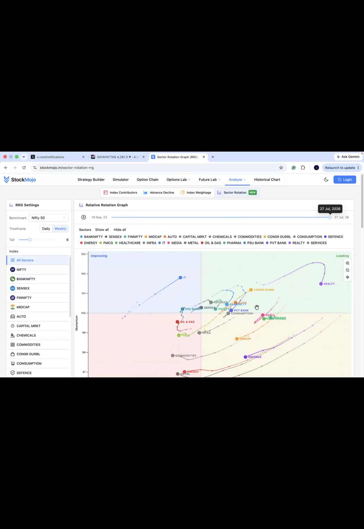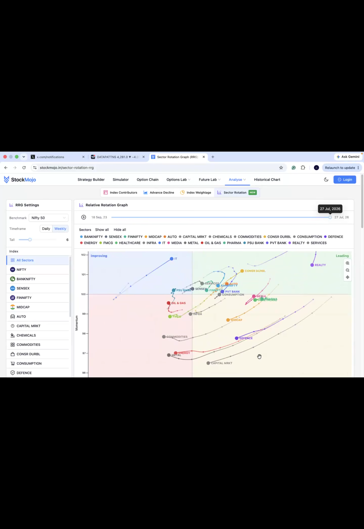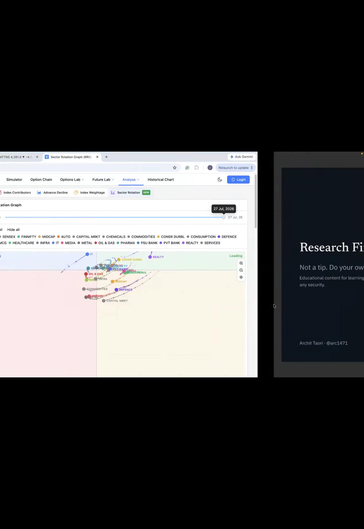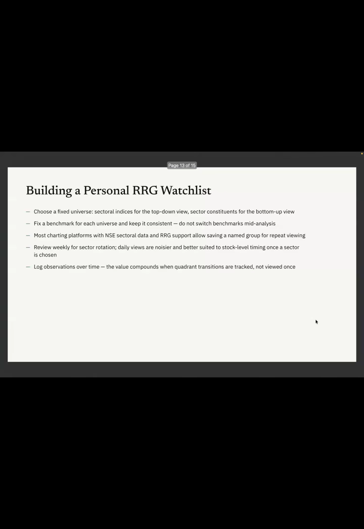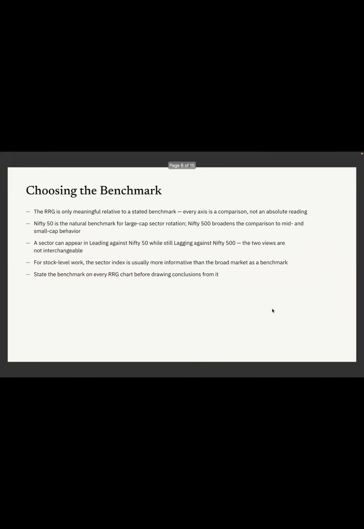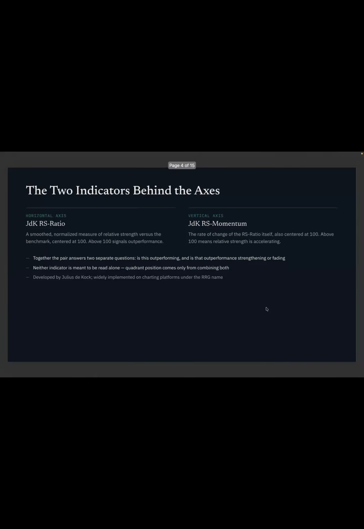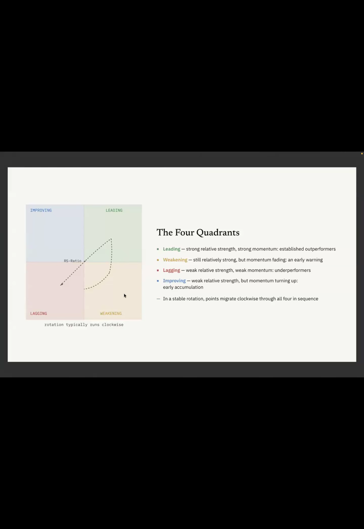So, Darshan, to answer your question, why Data Patterns was not performing well against a particular index: overall, the defense sector, from a leading sector, has gone to a weakening sector. So that is why the momentum has shifted.